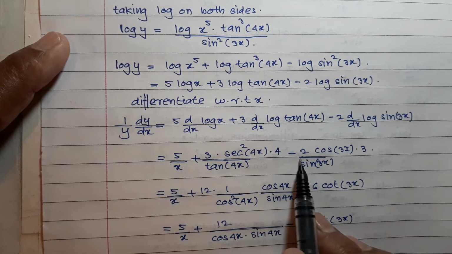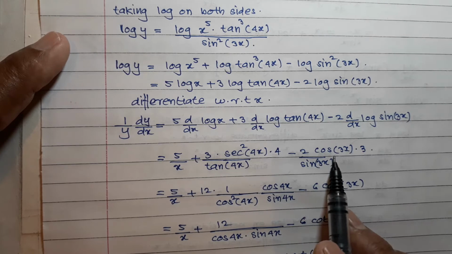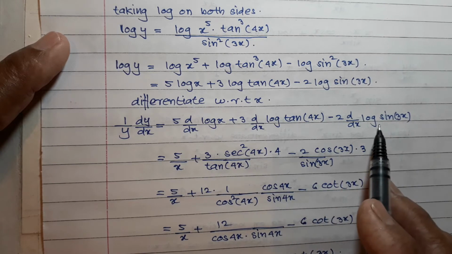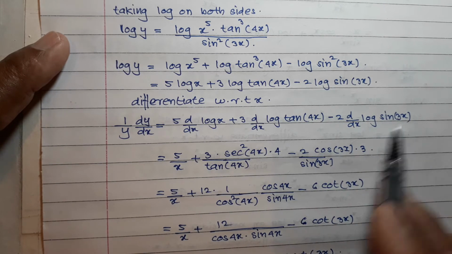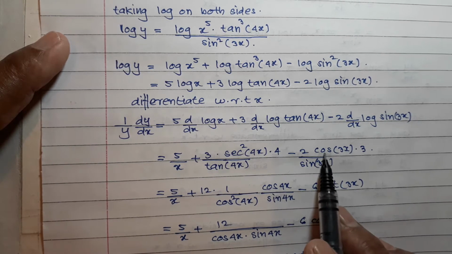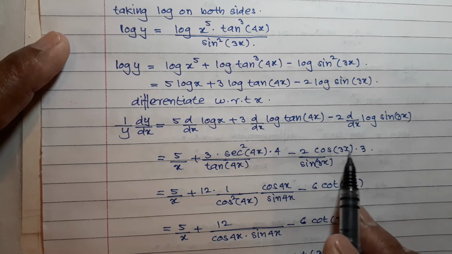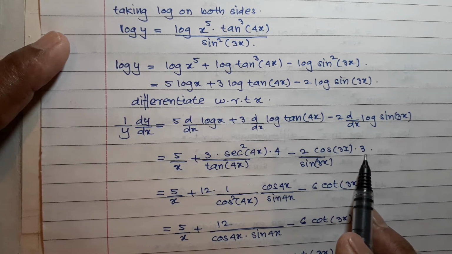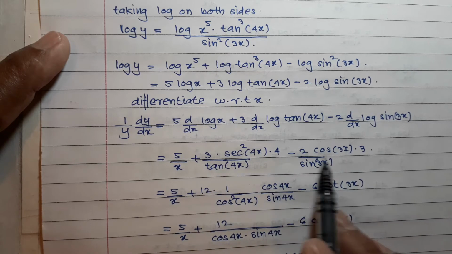Try to understand. Minus 2, the derivative of log sine 3x is 1 upon sine 3x, the derivative of sine is cos 3x, and the derivative of 3x is 3. Then this you simplify.